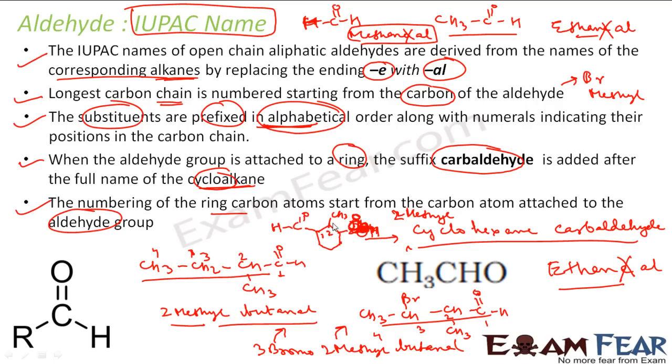So if I have a methyl group attached here, the numbering starts from this position, so it will be 1, 2-methylcyclohexanecarbaldehyde. So this is the basics for the IUPAC name for aldehydes. So let's take some examples, or let's do some practice.